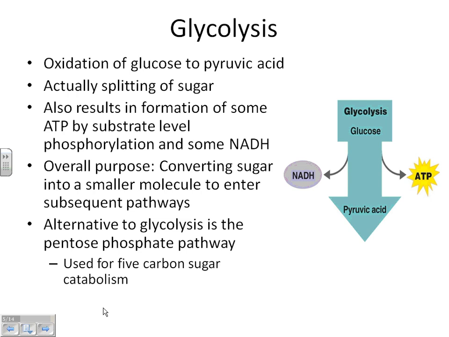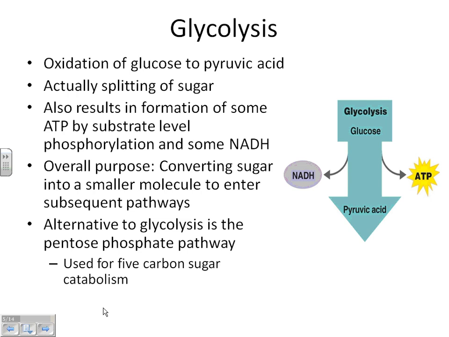In glycolysis, we take a molecule of glucose and split it into half, forming 2 molecules of pyruvate. Make a little bit of energy and a little bit of NADH. What is the purpose of glycolysis? To make a smaller molecule out of your carbohydrate. Why is the purpose not to make energy? Why is making energy not the purpose?